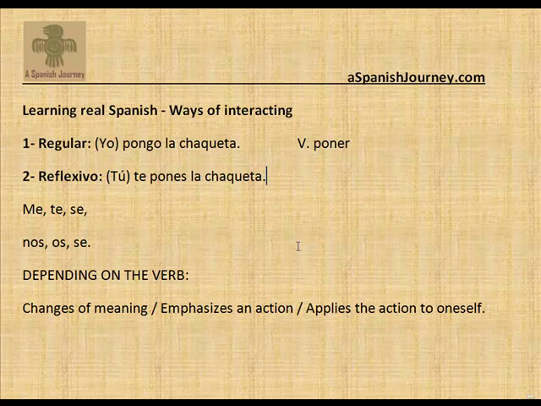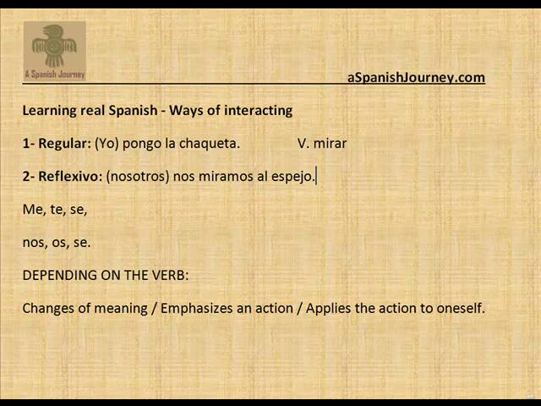Now, another thing about reflexive pronouns is that it's commonly used with reciprocity, between people. If we say nosotros nos miramos al espejo, and I'm using the verb mirar, to look, or to watch also.